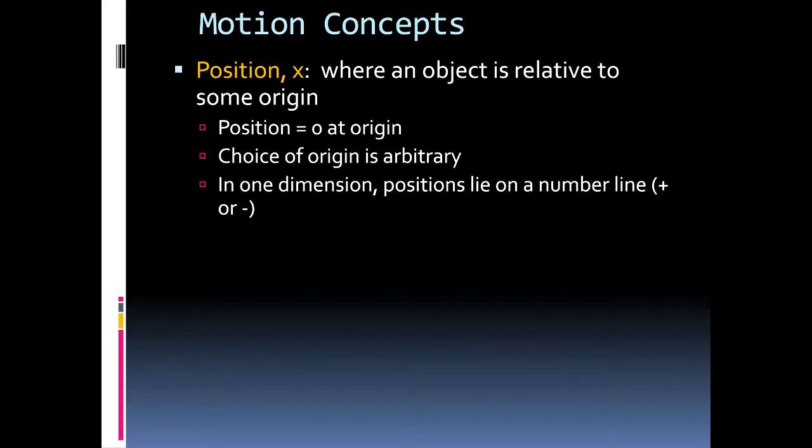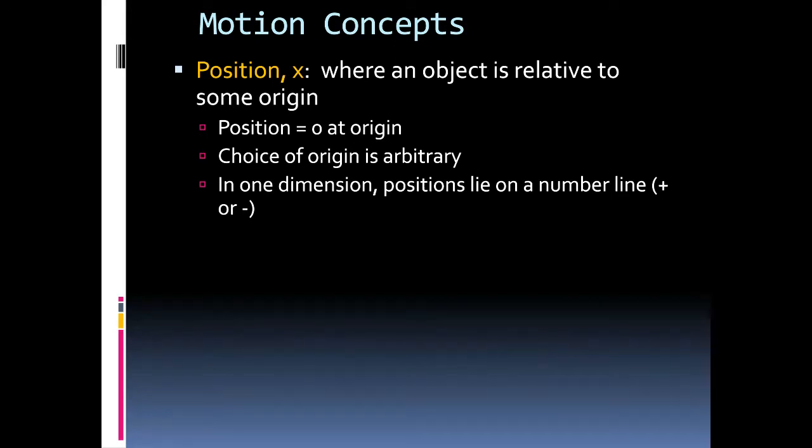We use 0 to mean a position on a scale, on a number line in this case. This choice of origin is arbitrary. In one dimension, we will have a positive direction, we will have a negative direction, and of course, it'll be all relative to the origin. And we're going to focus on motion in one dimension at this point. So imagine everything moving along a straight line, and we'll indicate direction by the sign, the positive direction and the negative direction.